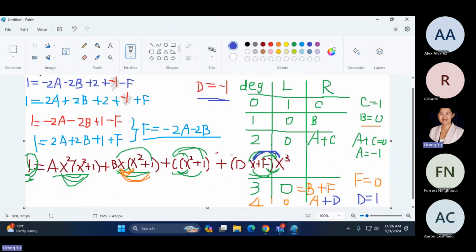Let me look at yours, you said you already have the answer. Right. So dx plus f, that means d equals 1 and f equals 0. So this is d equals 1 then. Okay. So these are right.